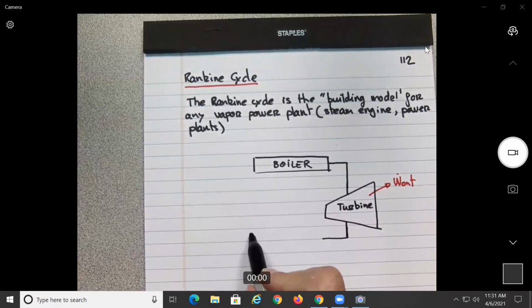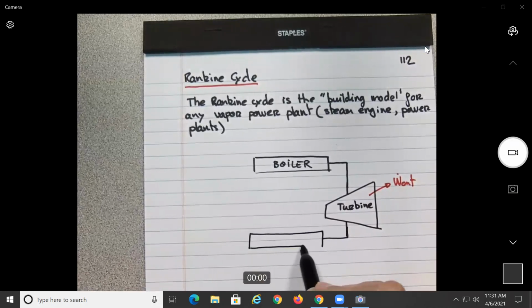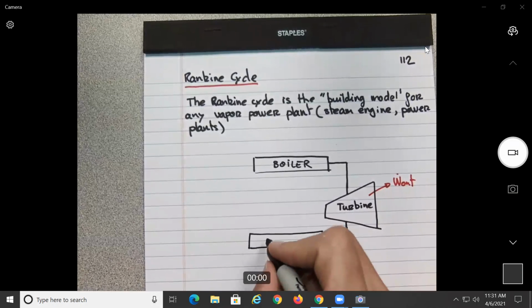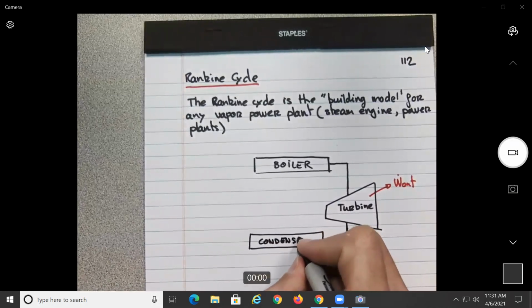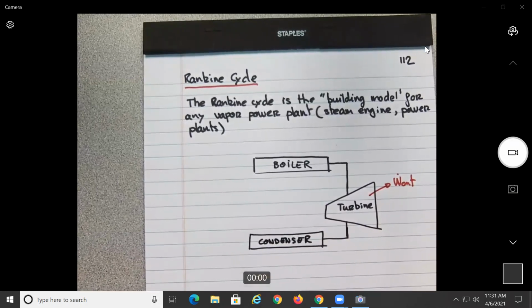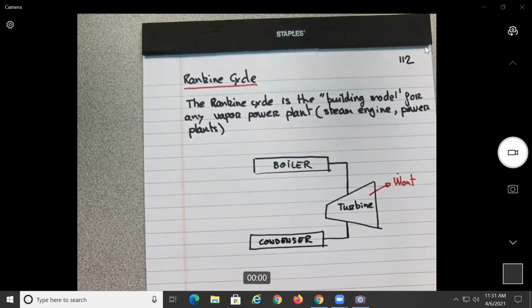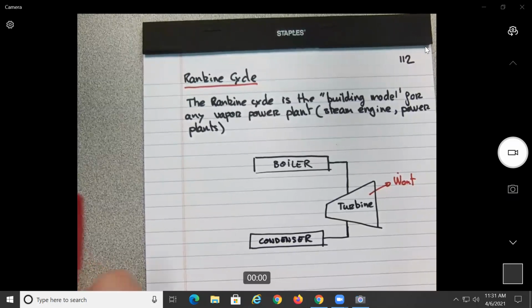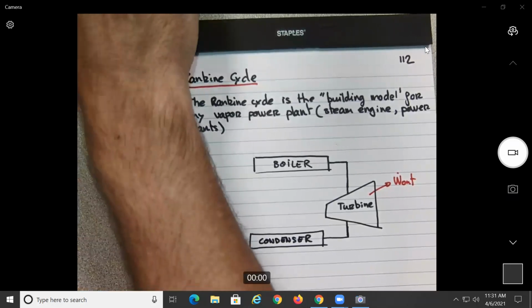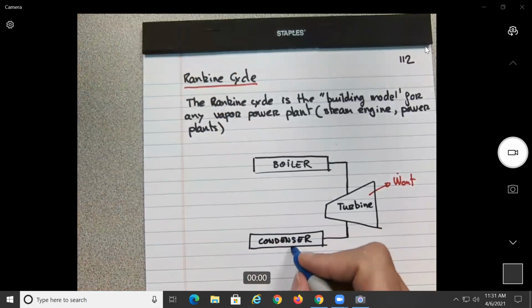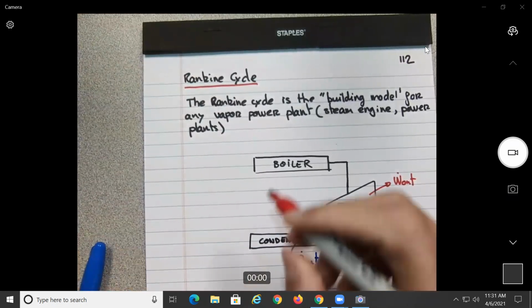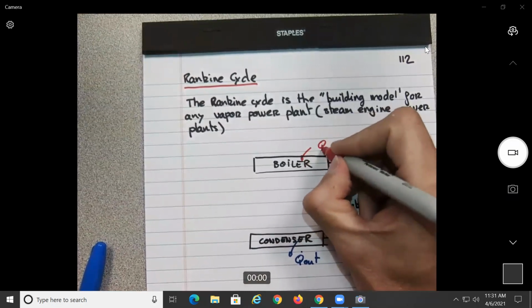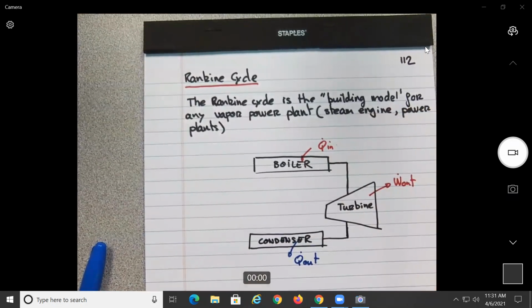Then in this area, you're going to need to cool the water in a condenser. The function of this one is to remove whatever excess heat is not used here, so Q out. Since I put the Q out, the function of the boiler is to put some heat in.